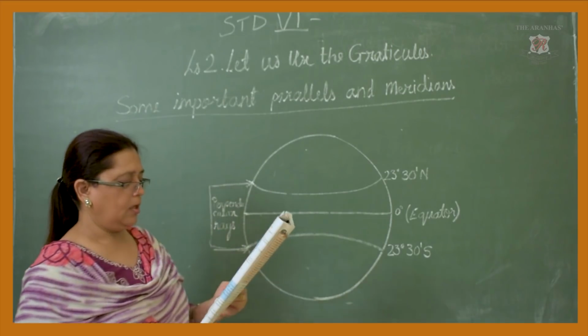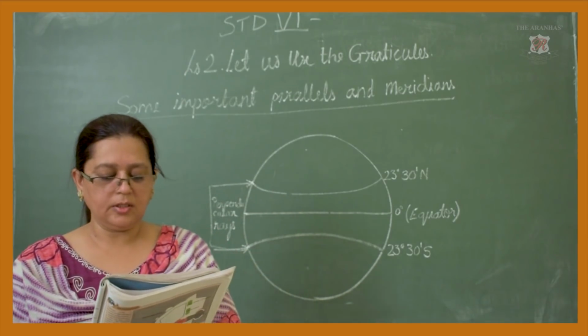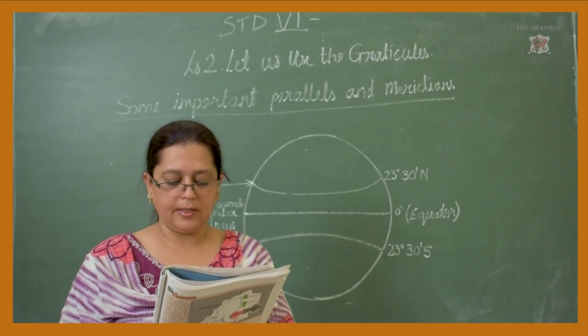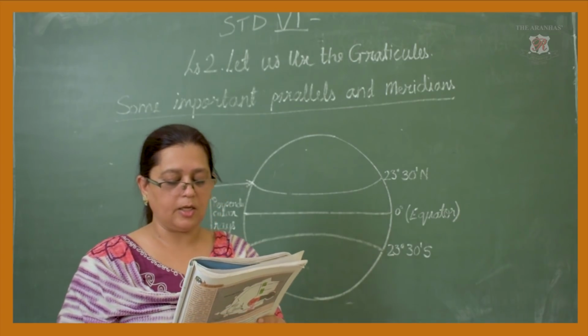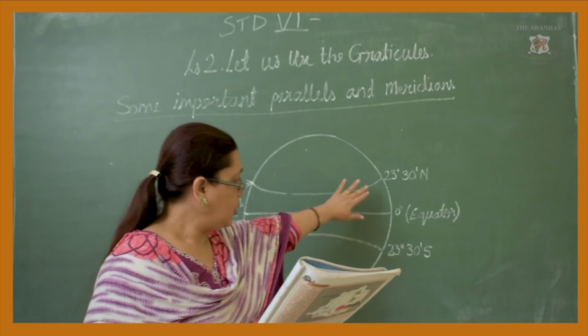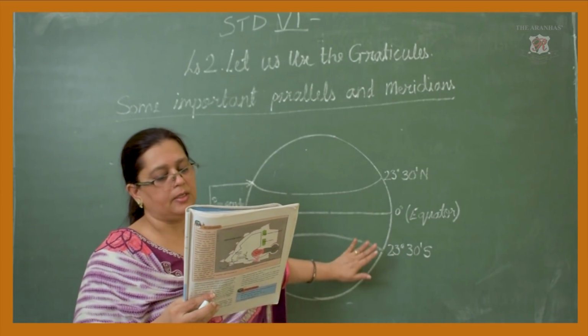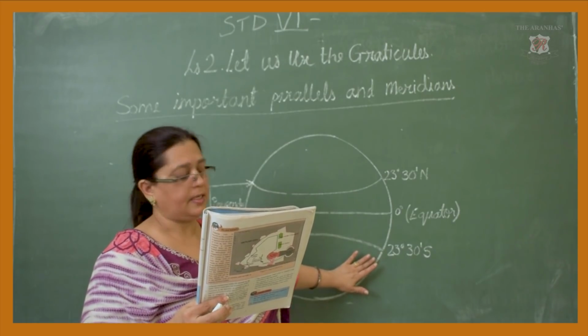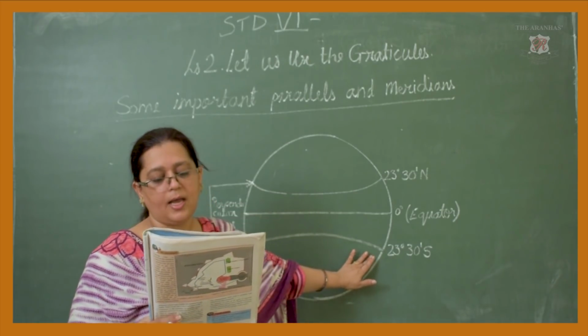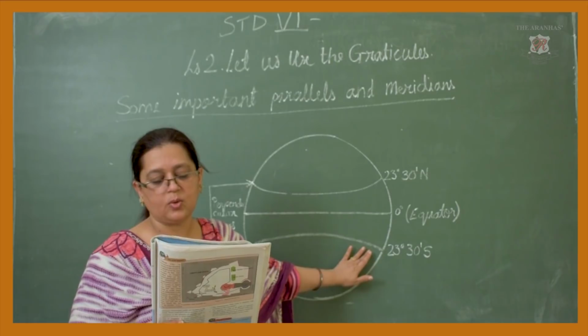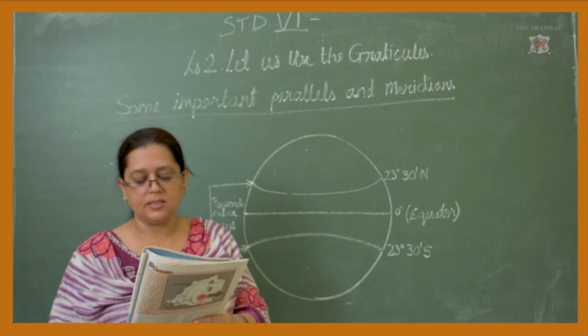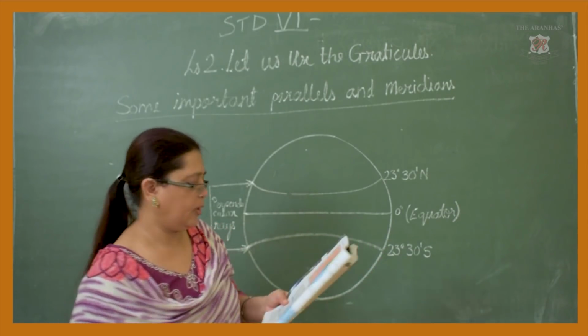And the rest, other areas of the earth never get perpendicular rays. The parallels at 23 and a half degrees north and 23 and a half degrees south of the equator are called the Tropic of Cancer and the Tropic of Capricorn.